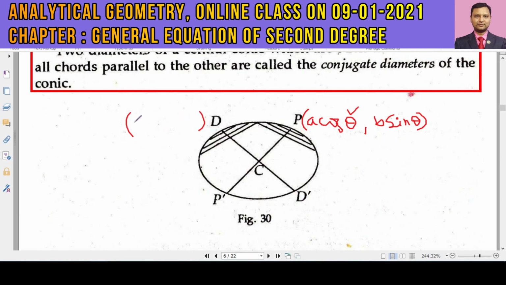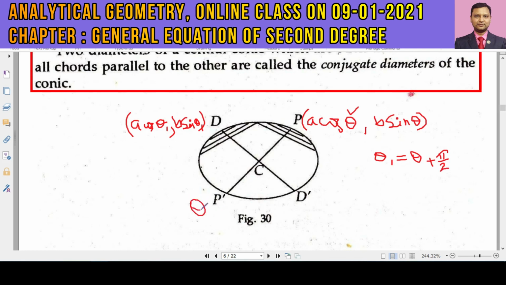Suppose this point D has this kind of expression: a cos theta 1 and b sin theta 1. Then one can prove that theta 1 is equal to theta plus pi by 2.